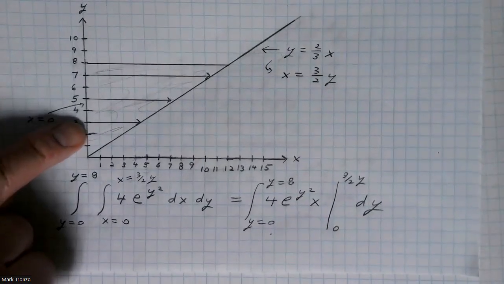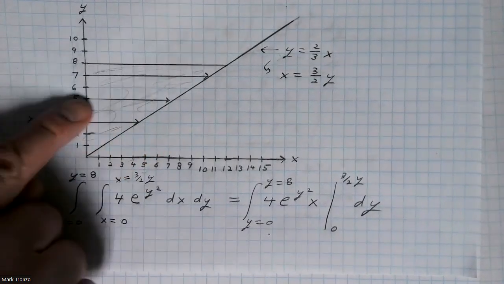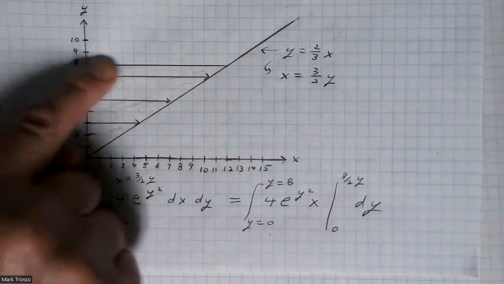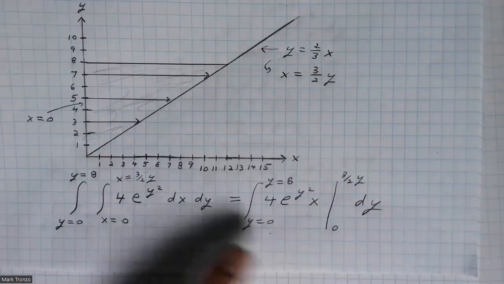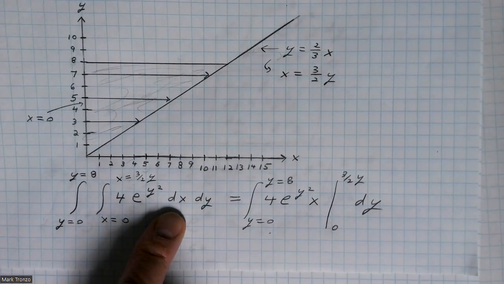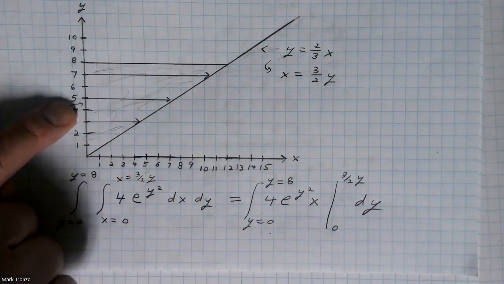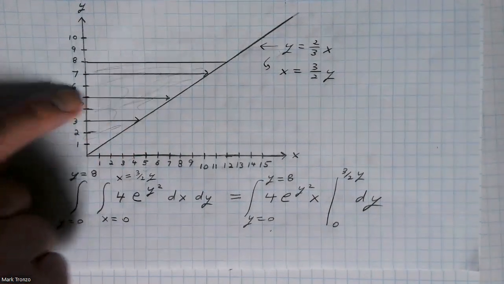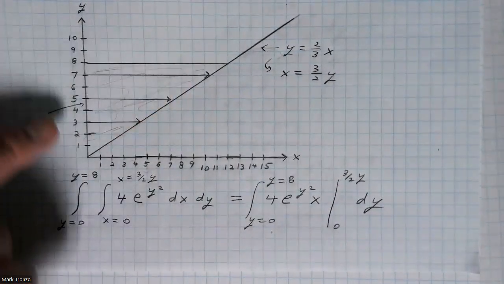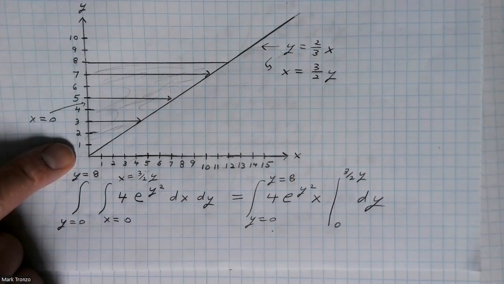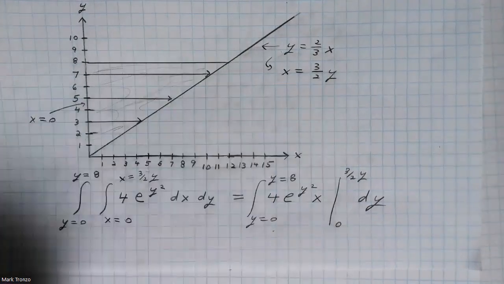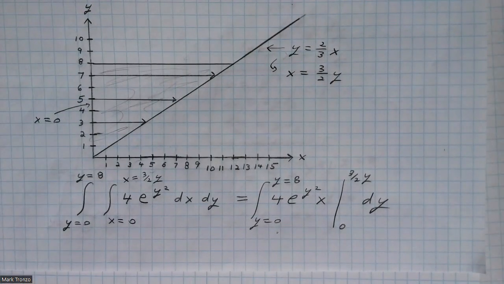And so we did that. Again, if you're not sure how to do this, always put arrows in the positive direction of whatever variable you're doing first. Like in this case, dx, put arrows pointing in the positive x direction within your area. Wherever the arrow starts is the lower bound, wherever they end is the upper bound.